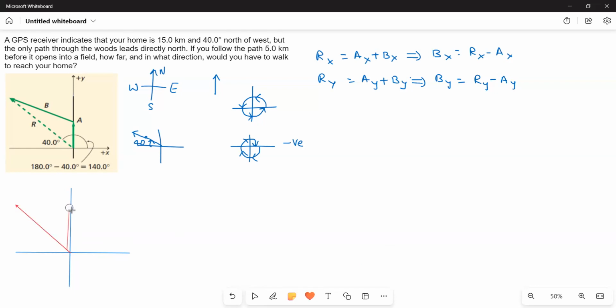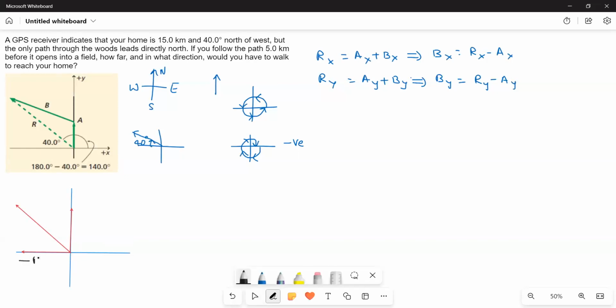This is the y component, and the x component is in this direction. Now, in this direction, this is the negative Rx. This is Ry, positive. This is R, and the angle is given as 40 degrees.